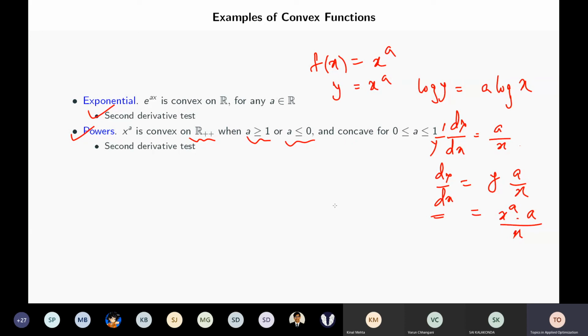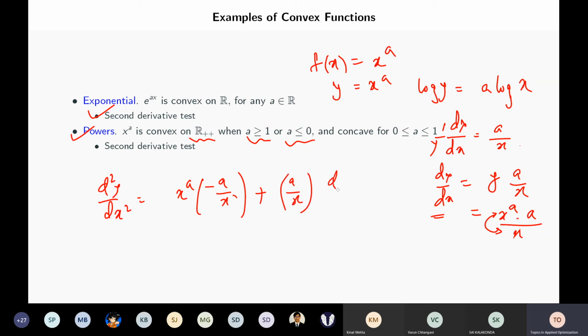And I will ask you to do the second derivative, which I leave up to you. That will require you to use the quotient rule, or you can also treat it as a product rule. So this is the first function times the differentiation of the second plus the second times the differentiation of the first.